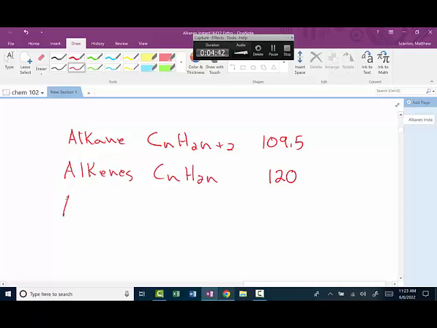And alkynes have the formula CnH2n minus 2, and their bond angle is 180 degrees about the triple bond. So these have all single bonds, these will have a double bond, and these will have a triple bond. That's it.